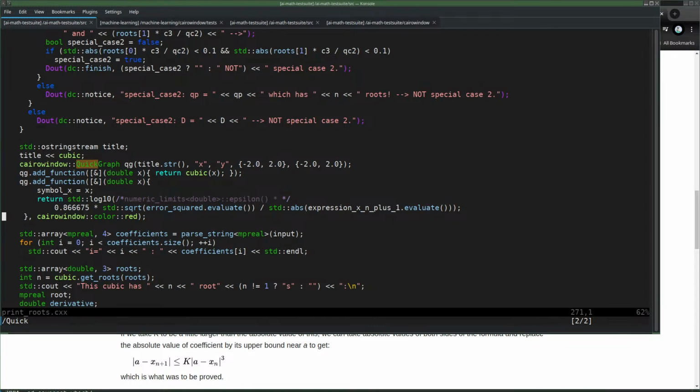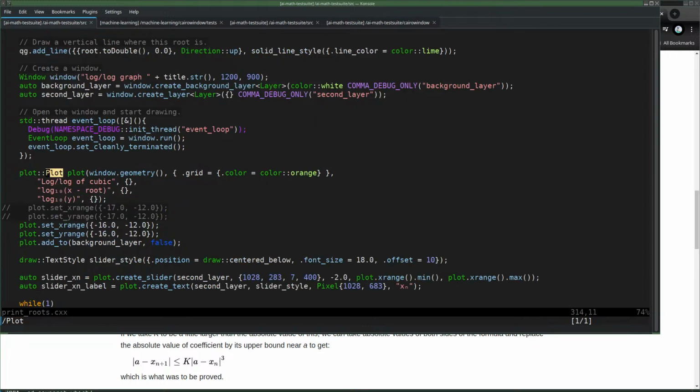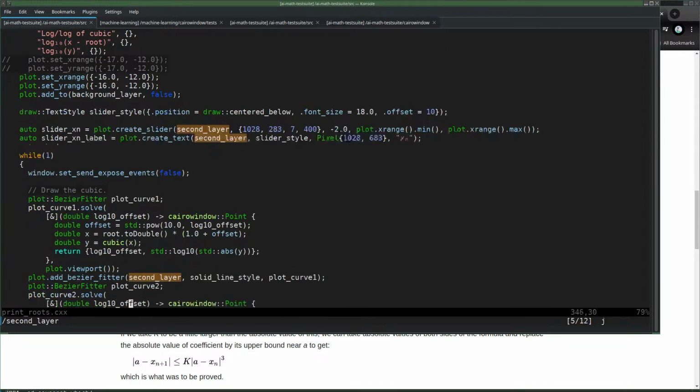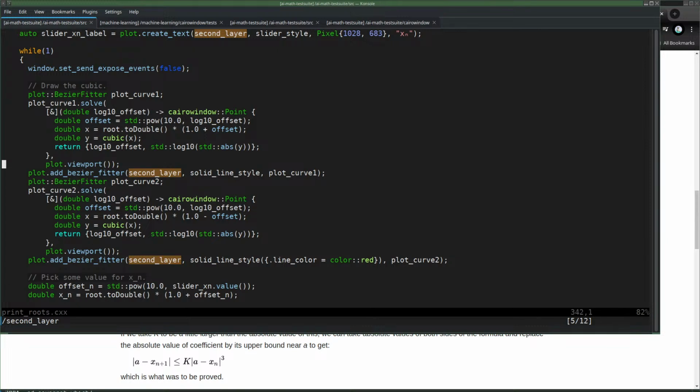So that's what we just looked at. Then there is another graph, which you can probably plot somewhere. This one, plot, yeah. So we're drawing to plot. No, we should be drawing to the layer of this plot. This is called second layer. Oh, probably also a plot. Yeah, create slider. Add Bezier filter. Sorry.